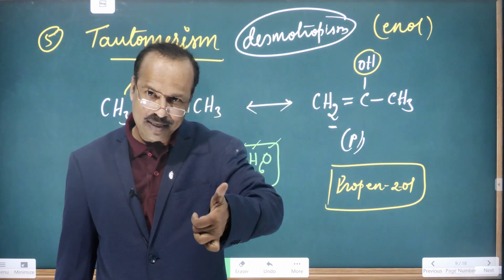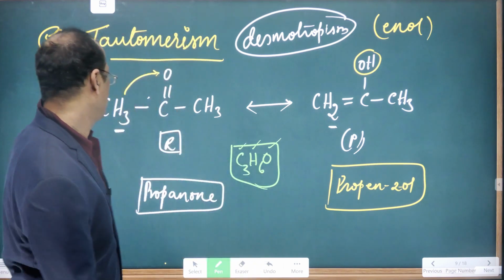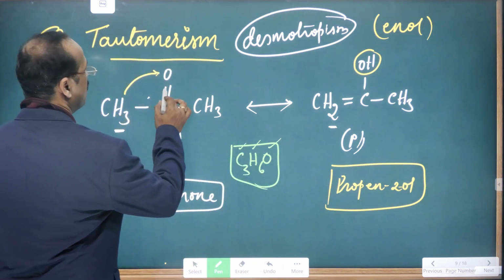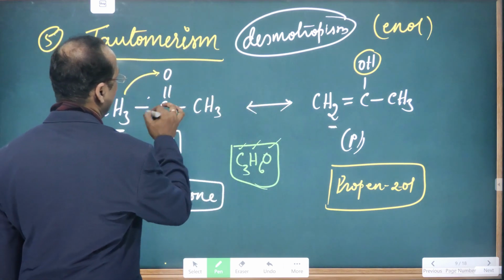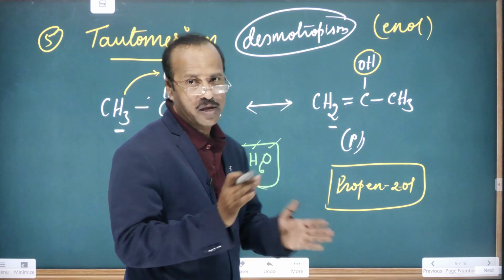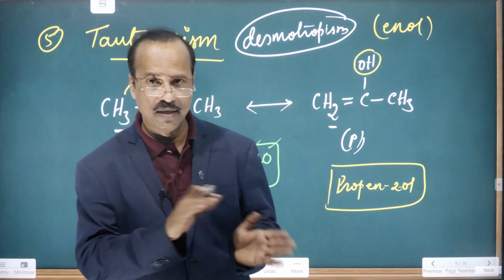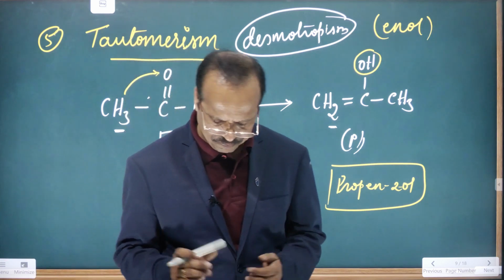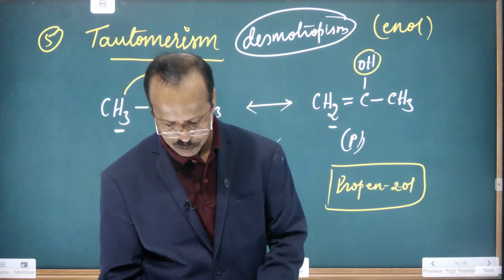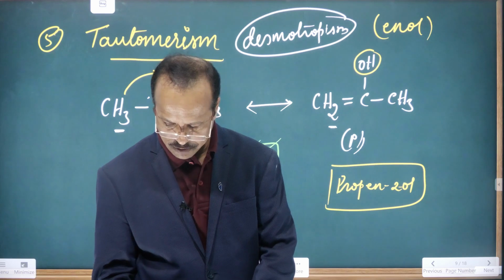So bond turn means changing the bond. Here you can see this is a single bond, here it is a double bond, but if you come here, this becomes a double bond and this becomes a single bond. So there is a change in the bond. Bonds will be changed. That's why it is also called Desmotropism, right?